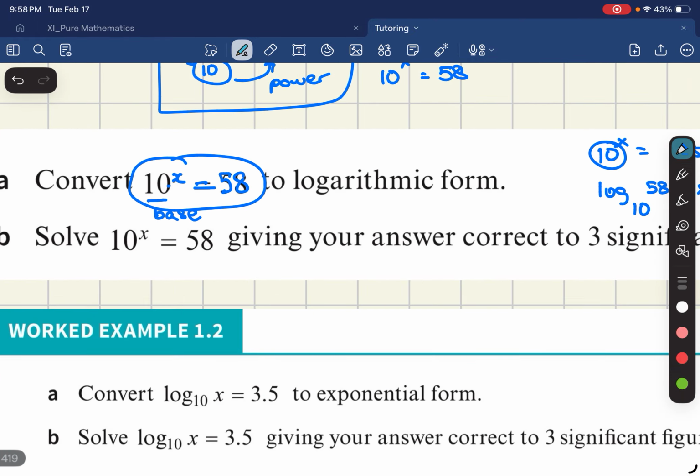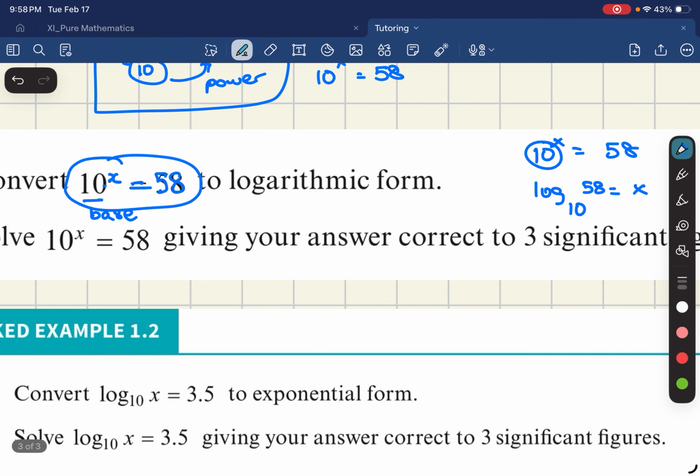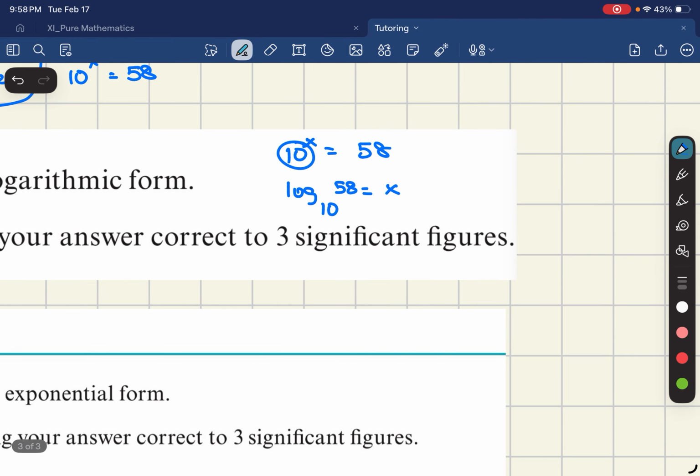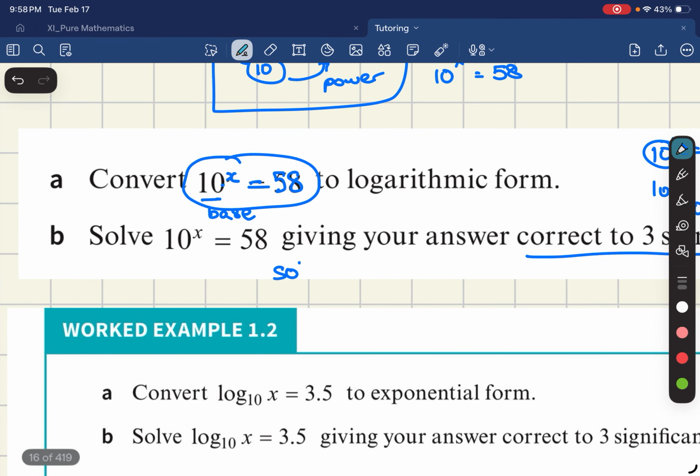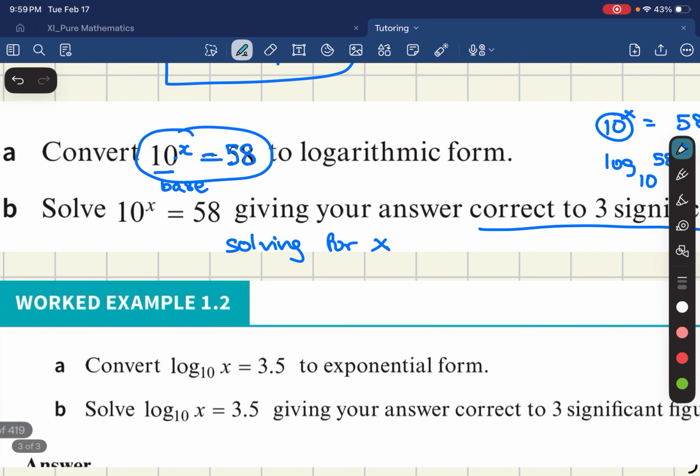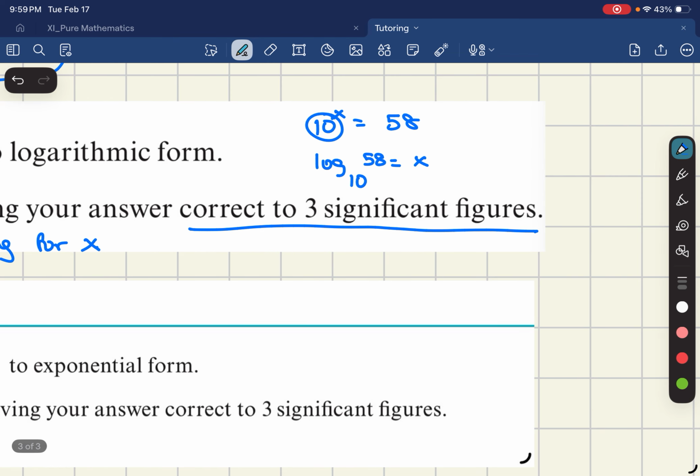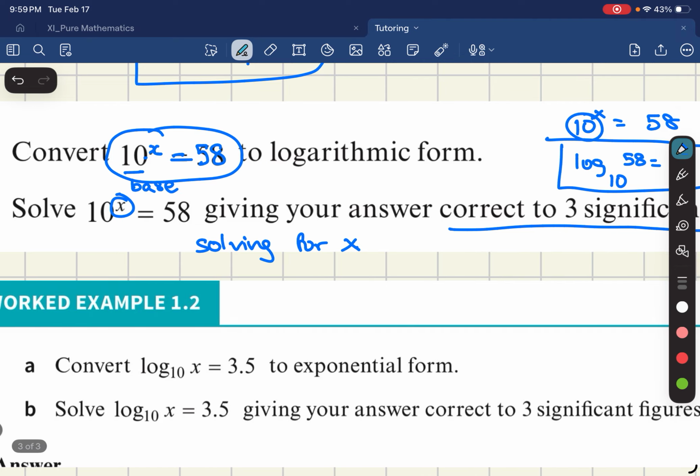So now we are asked to solve 10 to the power x is equal to 58, giving your answer to 3 significant figures. So we're solving for x. Now I actually want to convert to logarithm because I don't know x by just looking at it. But once I convert it into the logarithm, I know that log base 10 of 58 is equal to x.